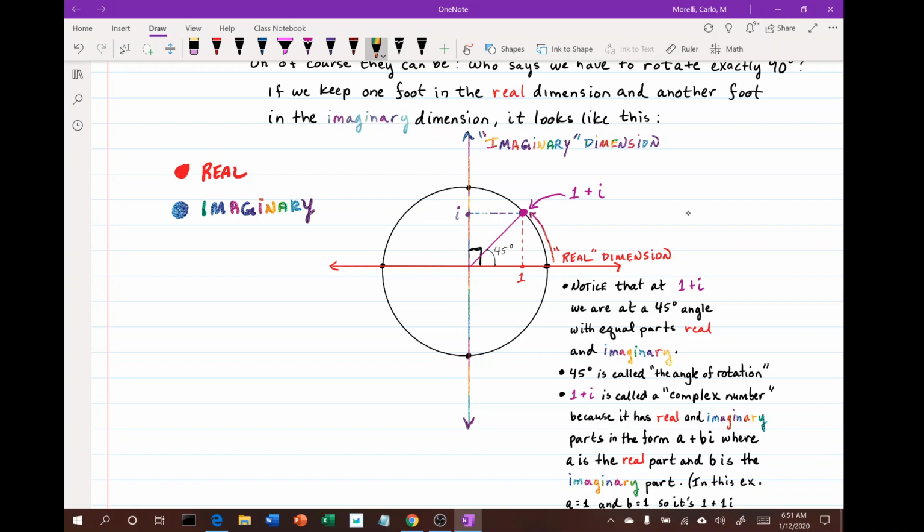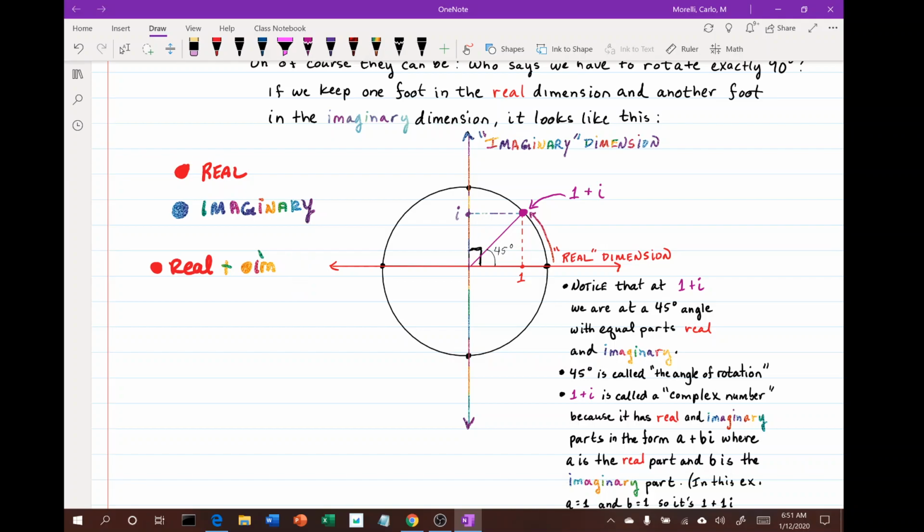Now the question is, can we have numbers that consist of both the real and the imaginary? Yes, we can have that.